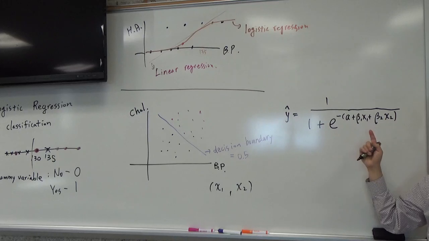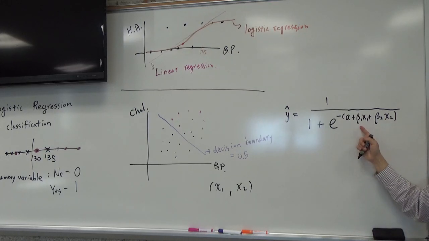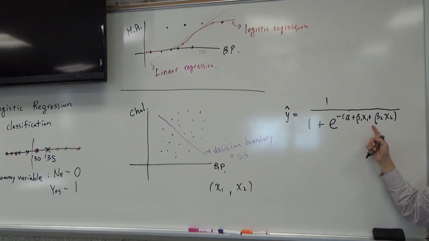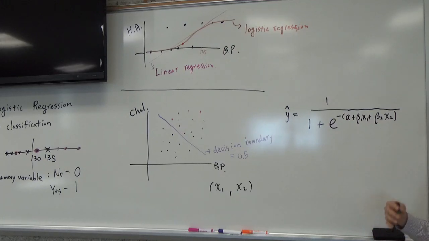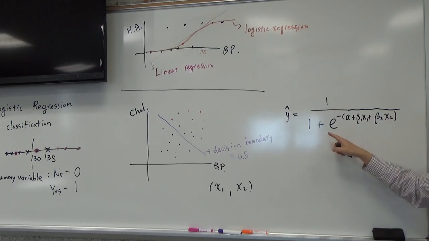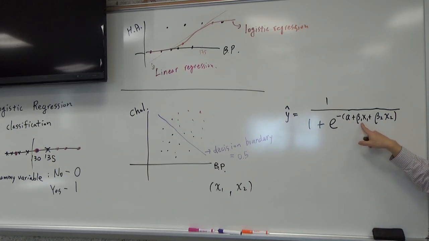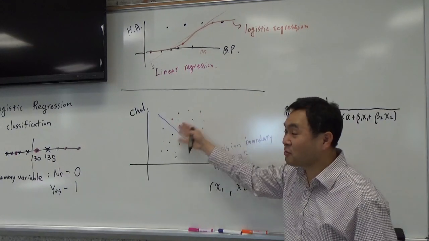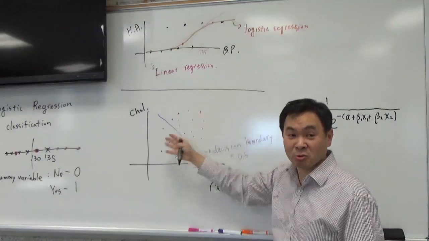I talked about last time how to get these values. Beta 1 and beta 2, for the multiple regression, there were some formulas, right? So basically your goal is to come up with the values a, beta 1, and beta 2 that would do the best job in classifying the two groups, group A and group B.